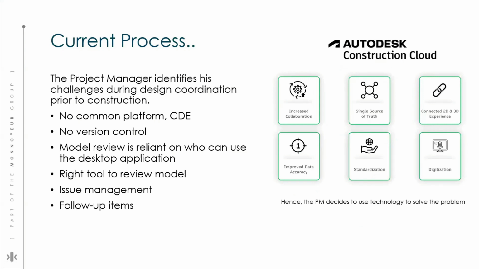We want a high level of connectivity between the 2D and the 3D. We want everything to be digitalized. We want to have standards for absolutely everything, right? Because that way there are not multiple angles for one thing. There's only one angle, one standard, one approach. And we want to increase the accuracy of our data.